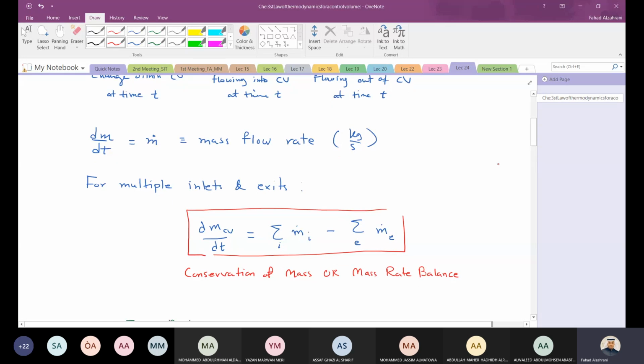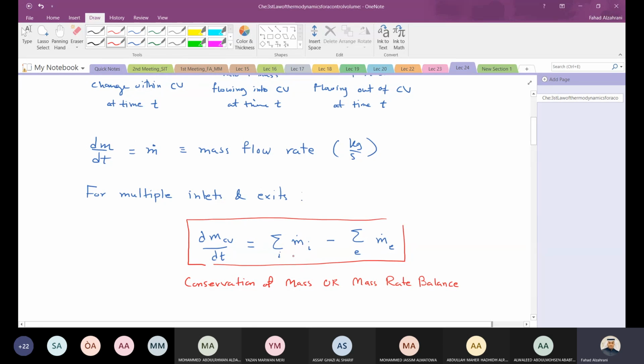طيب السؤال الحين يا شباب, sometimes I don't have all the information, sometimes I don't know what the mass flow rate is, let's say entering the system or exiting the system. Is there a way to evaluate this mass flow rate? So basically, can I derive an equation that represents this mass flow rate?